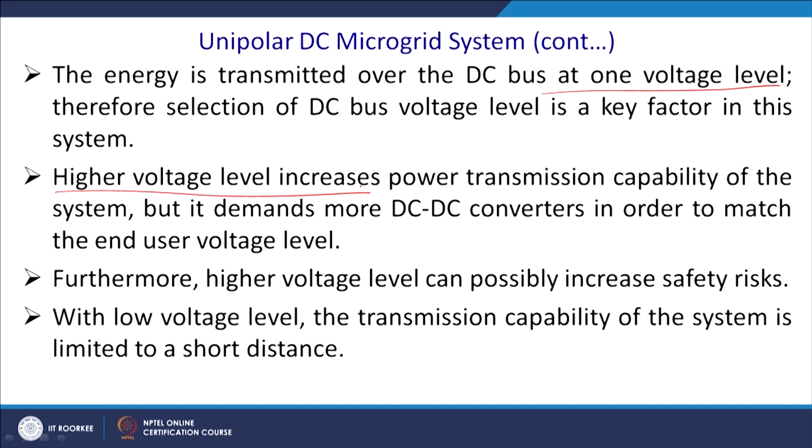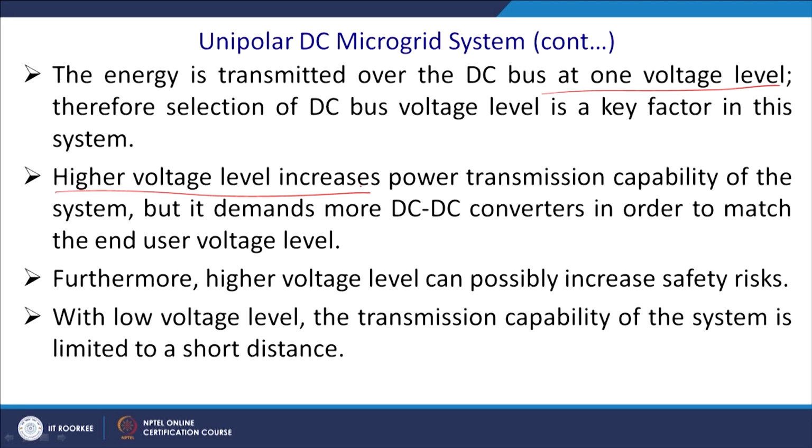For this reason, once you are sending a big amount of power, voltage is also required to be high. We are saying that a higher voltage level increases the power transmission capability of the system. It is V square by R, simple.